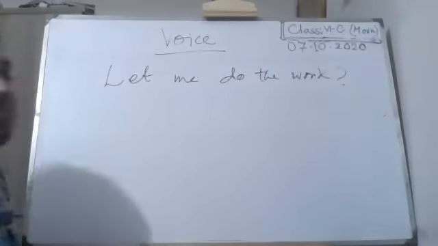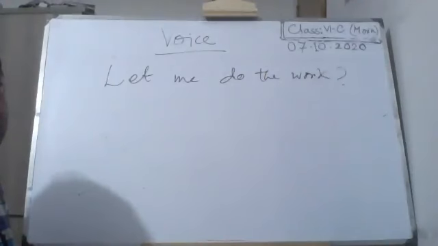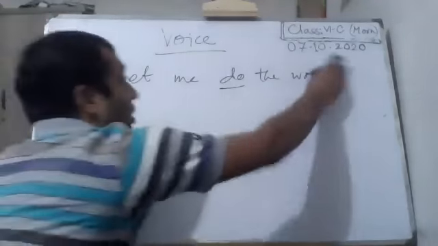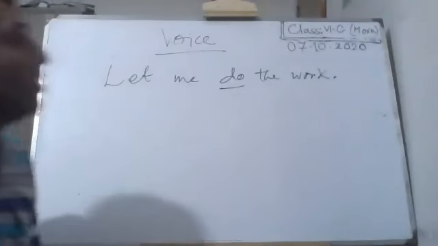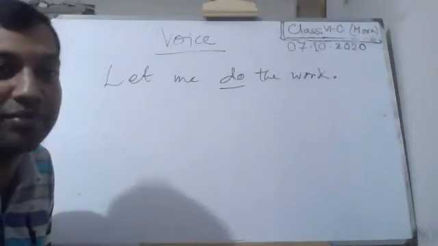Is it passive? No, because the verb is in base form, and it will end with a full stop. So let me do the work is an example of an imperative sentence.